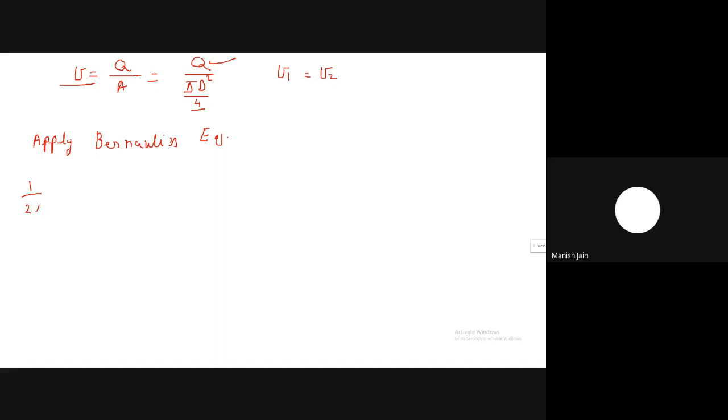The Bernoulli equation is one by 2 alpha, in brackets V2 square minus V1 square, plus g times Z2 minus Z1, plus P2 minus P1 divided by rho, plus summation of F, plus Ws should be equal to 0. This is the Bernoulli equation. Now here you have to calculate the friction losses in the system. What is the sigma F? That you have to calculate in this problem.